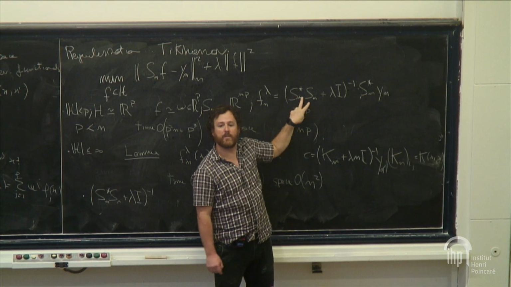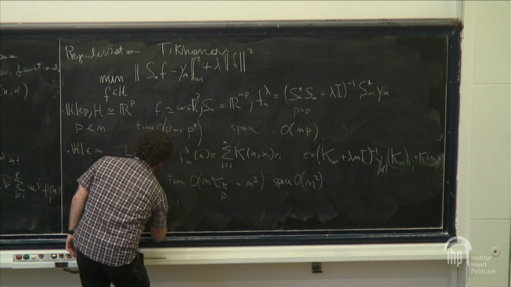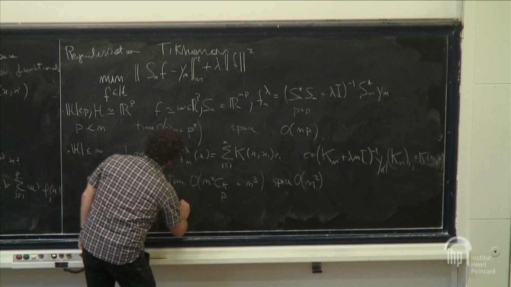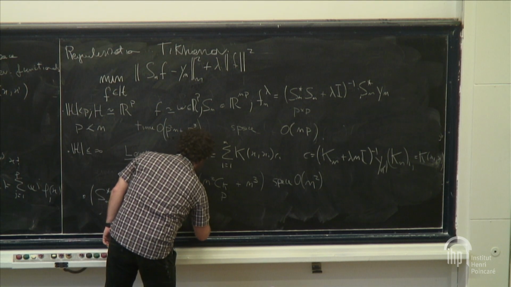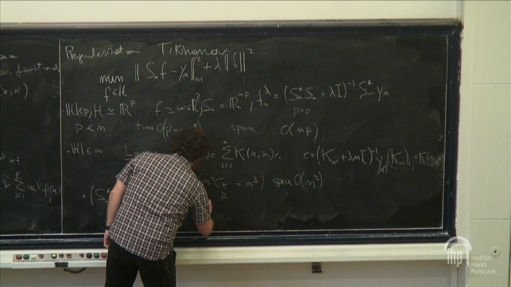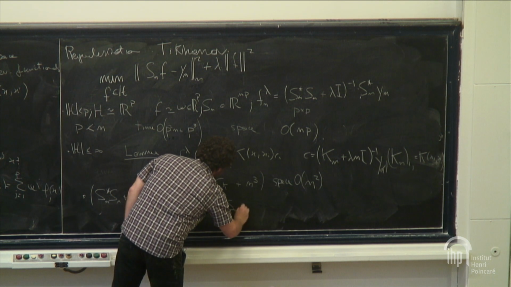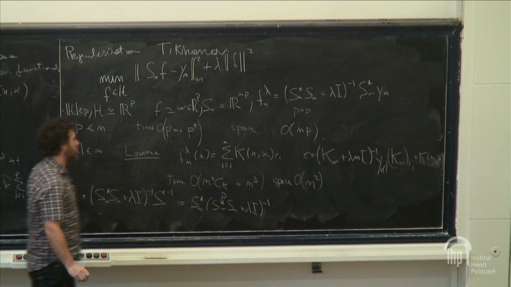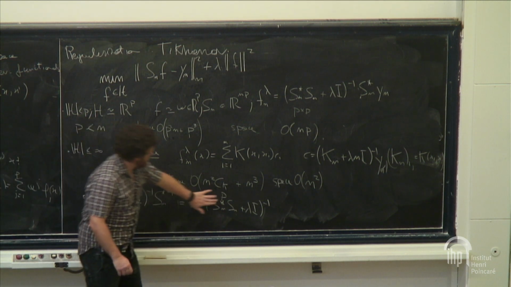To do it, I have to swap these 2 guys. So the first step of the story is just this. And basically, this is almost the end of the story.